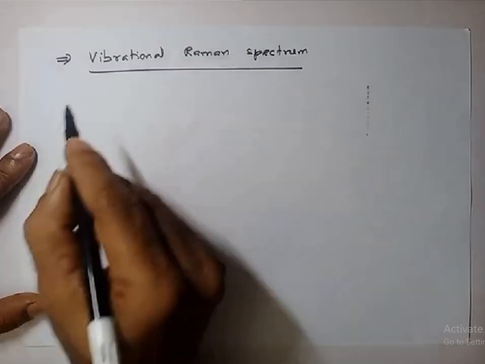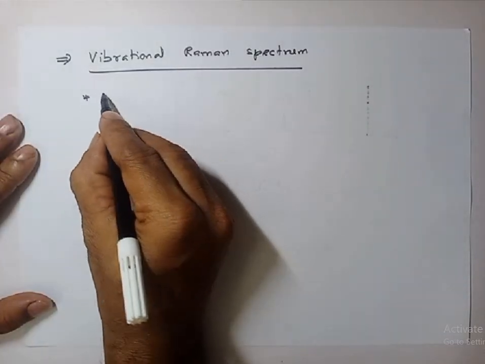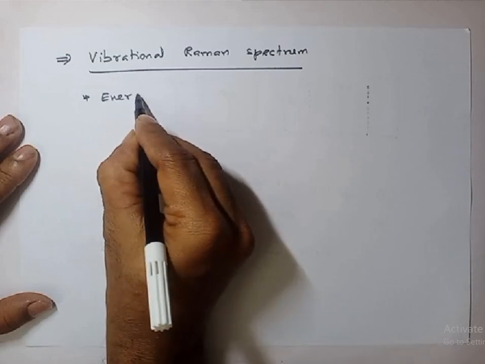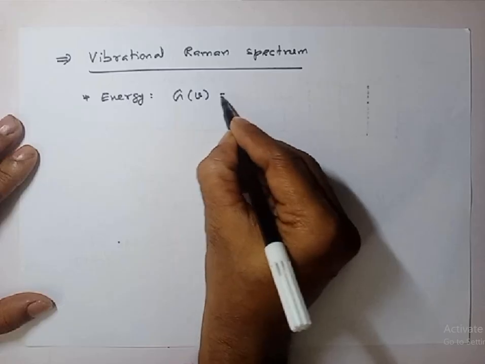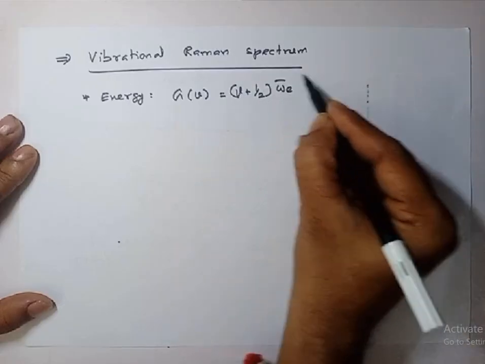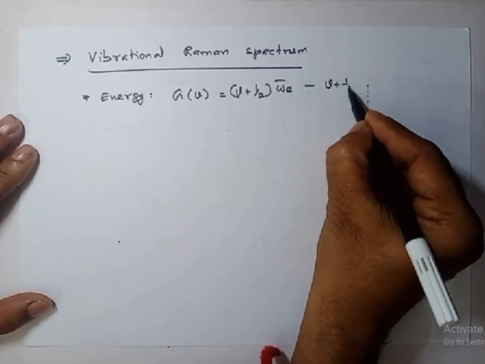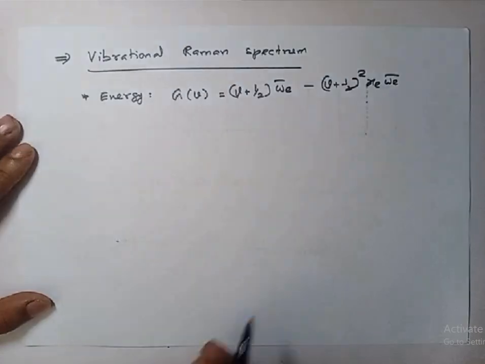Observe carefully. You know very well the vibrational energy formula. What is the formula for energy? The vibrational energy G(v) equals (v plus half) times omega_e bar minus (v plus half) whole squared times x_e omega_e bar.